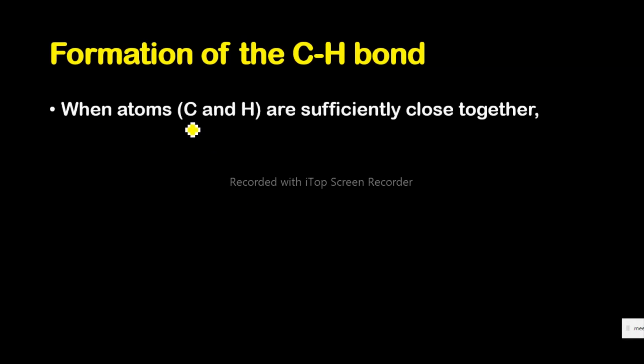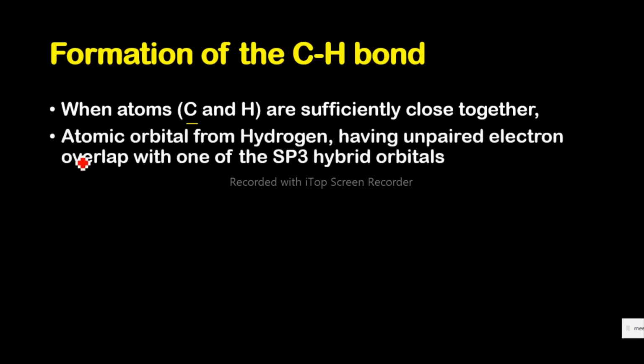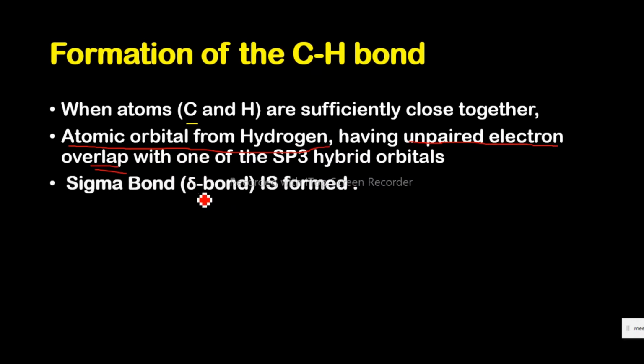When carbon and hydrogen atoms are sufficiently close together and their orientations are right, the atomic orbital of hydrogen, which has just one s orbital with an unpaired electron, overlaps with one of the sp3 hybrid orbitals, and the result is the formation of a sigma carbon-hydrogen bond, which is a covalent bond that keeps these two atoms close to each other.